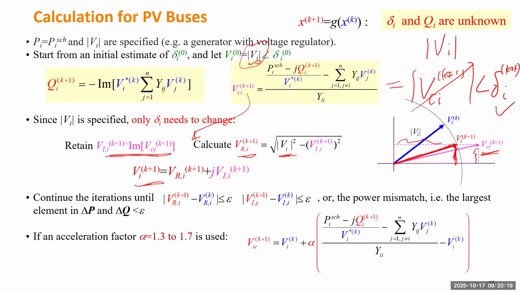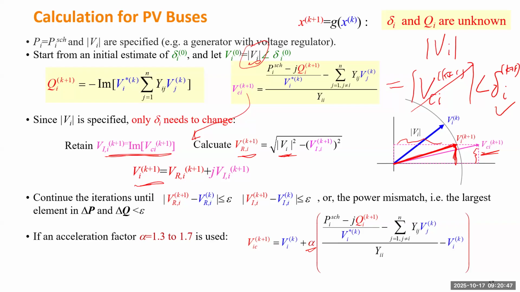If you want to utilize an acceleration factor, it can be added here, you can introduce alpha. If you want to accelerate this process, which means you take larger steps to update the value, which can be visualized as taking larger stairs to climb up until you converge to a solution. So alpha usually needs to be bigger than 1.